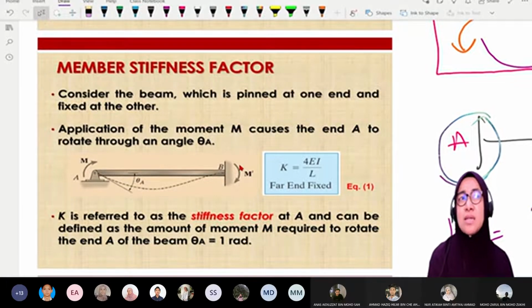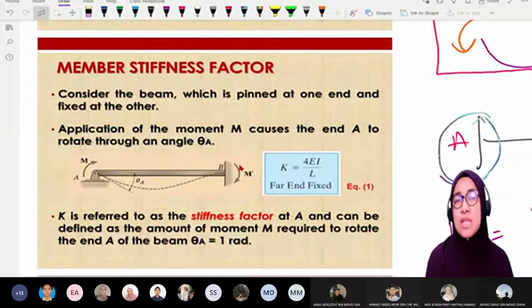So ada reason kenapa setiap step yang kita buat tu. Okay, so yang tu sign convention. So jangan confuse dengan sign convention for equilibrium equation. Jangan confuse dengan sign convention for cutting section. Okay, jangan confuse dengan sign convention for fixed end moment sebab semua tu different things. Okay, so yang ni kita assume that clockwise moment that act on member is positive.